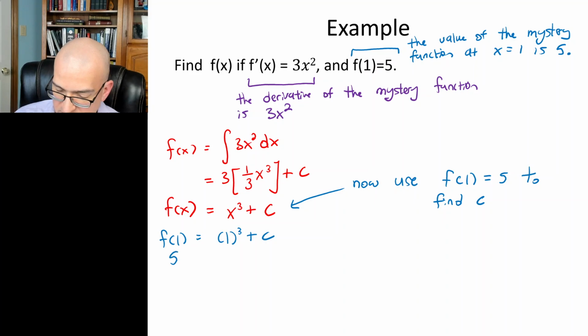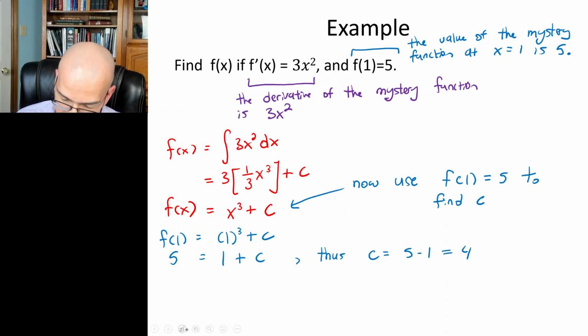F of 1 gets replaced with 5. 5 is equal to 1 times 1 times 1 plus c. And then that means that c is equal to 5 minus 1, which is 4. So thus, our function f of x is x to the power of 3 plus 4.